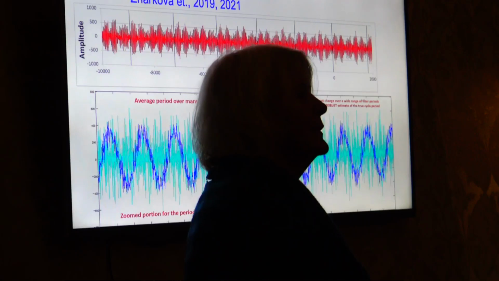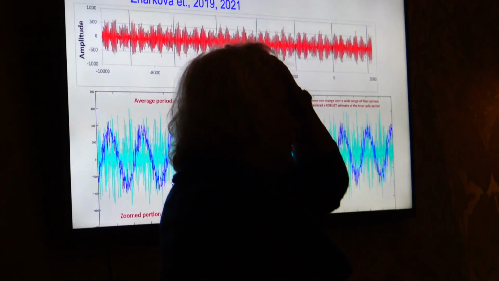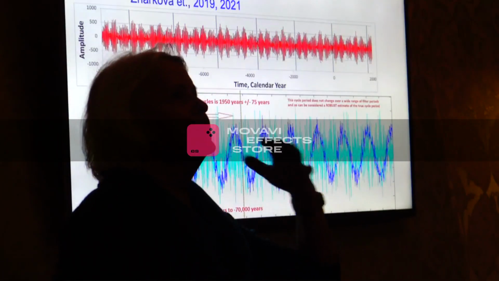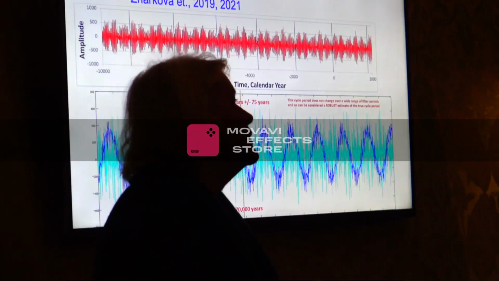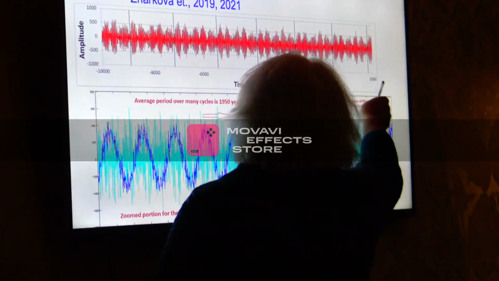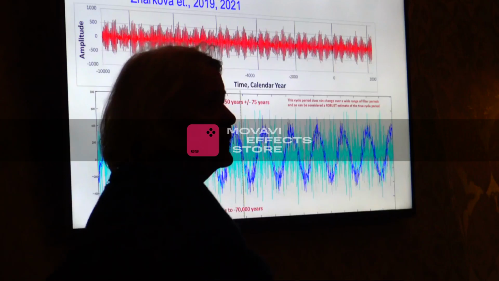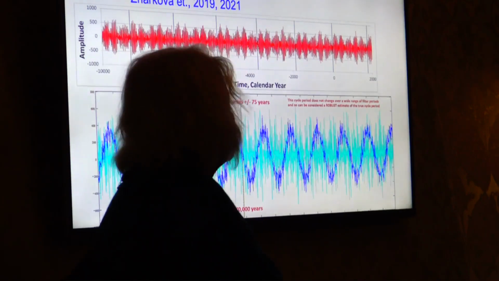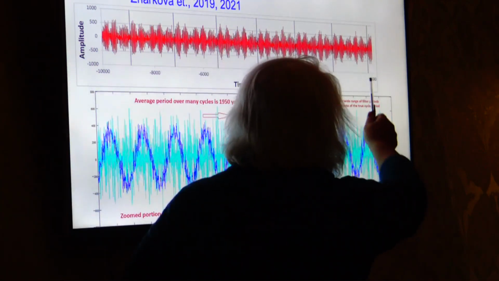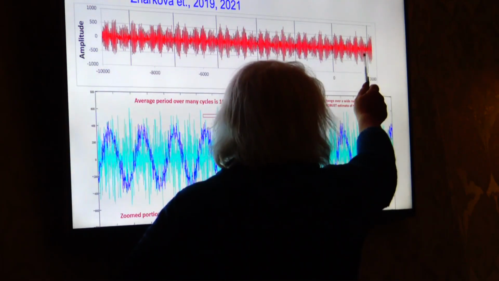And again, we did a paper. Remember, I have this formula. We calculated this formula for 12,000 years. This is my calculation. What you can see now, we discovered that actually the cycles repeat.